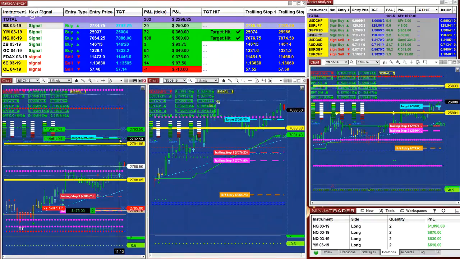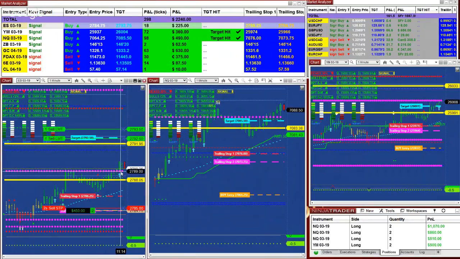Okay, we climbed from zero to $500, and now the market is just, the resistance level has become a support line. The resistance level right now has become a support line.